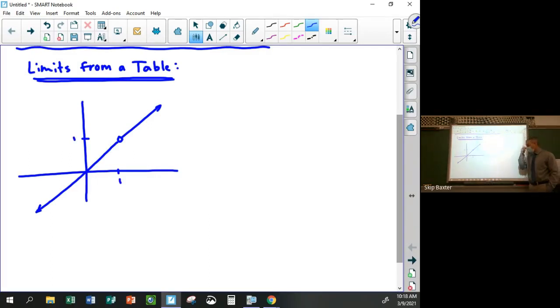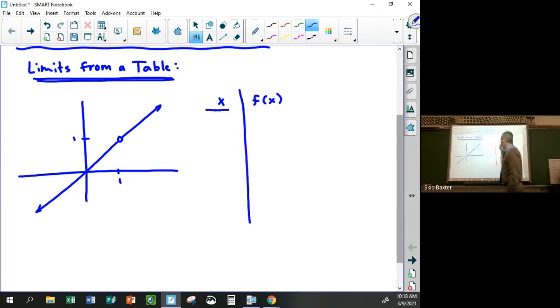Okay? If I looked at a table of values, with an x column and an f of x column, and I substitute in x equals 1, this is going to give me undefined for sure, right? Because there's a hole there, there's nothing there, right? But if I plugged in a number that's really close to 1, it'll give me a number.